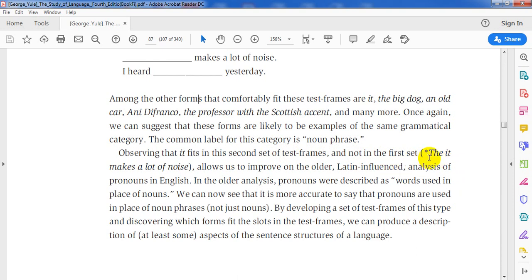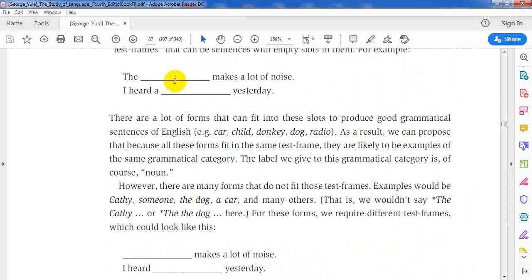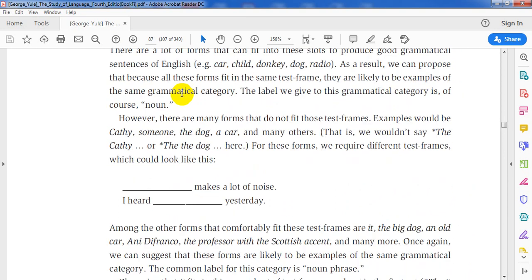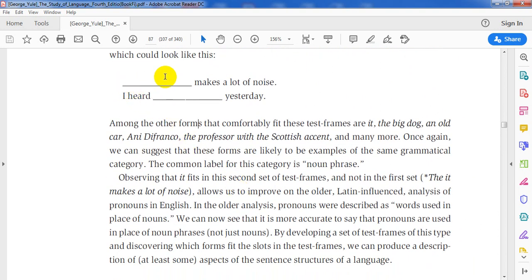I cannot say the it, but it is applicable here, so I can say that this is a test frame in English. So I can fill those two blanks with the noun phrase. And this again is against the rules of the Latin language.